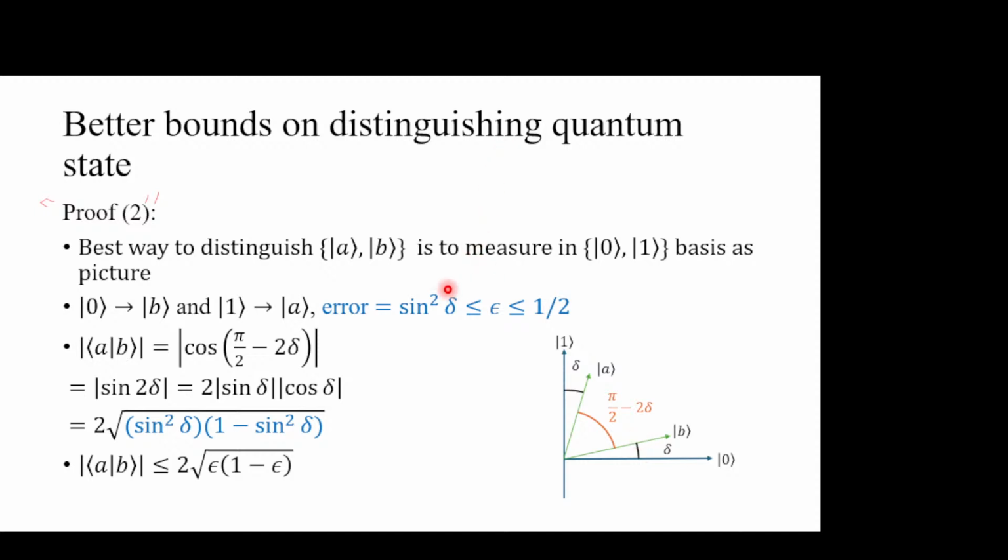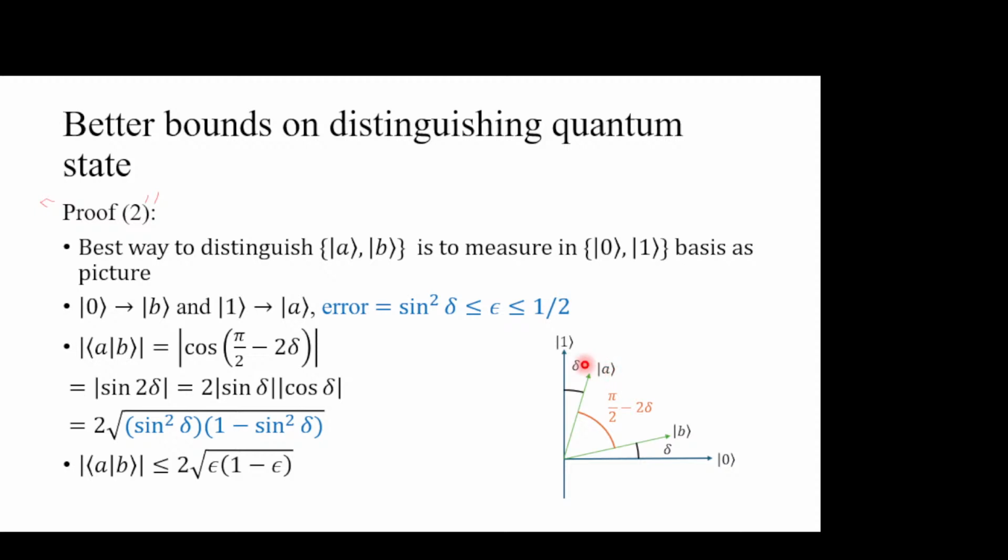When you think about the best way to place 0 and 1 to distinguish A and B, you will realize that you want this placement to be pretty symmetric with respect to A and B. Assume your A and B have some angle here, and you want to place 0 and 1 such that 0 is closer to B, with some angle delta to B, and 1 has the same angle delta to A.